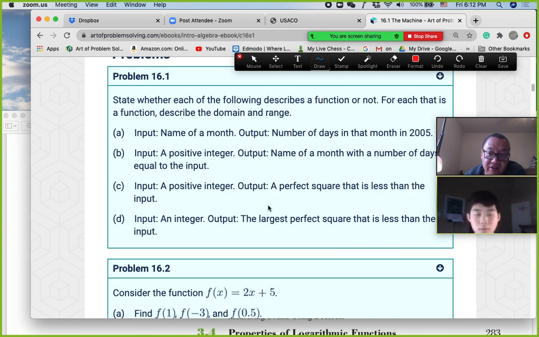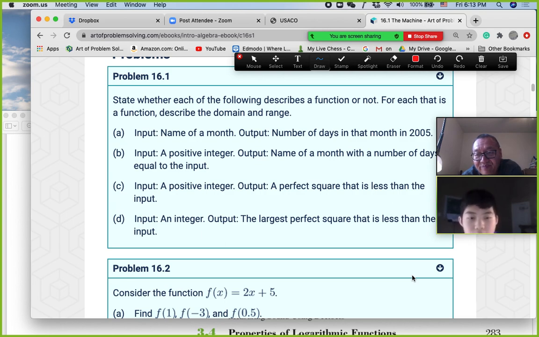So C, can you read this C? Input a positive integer. Output a perfect square that's less than the input. I think it's also not a function.